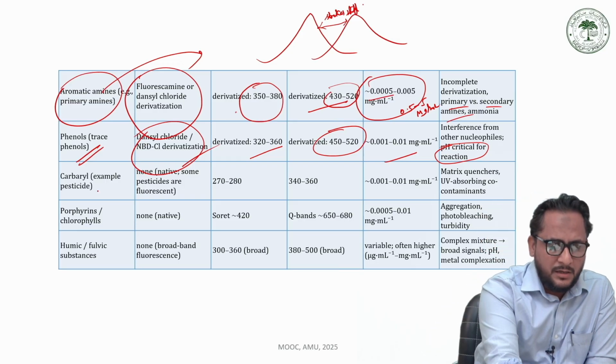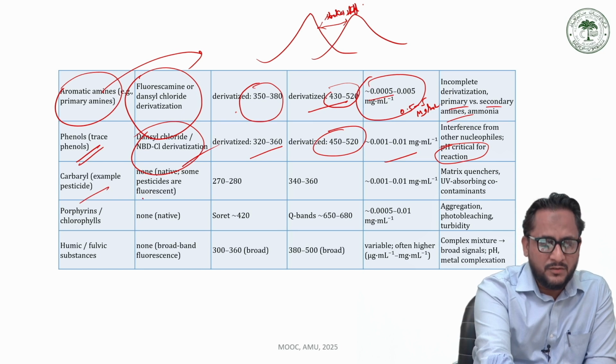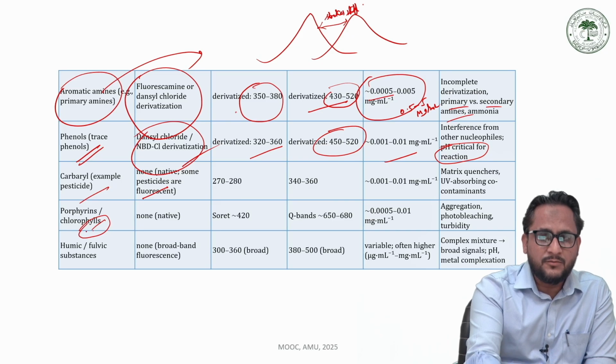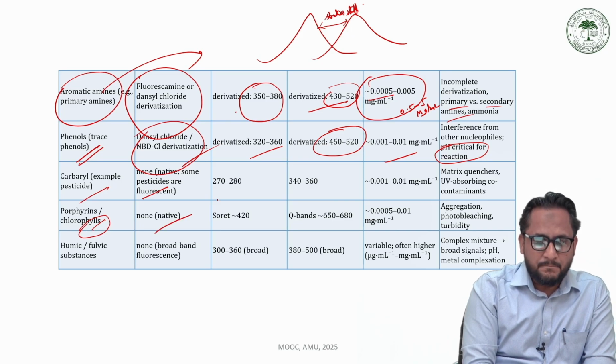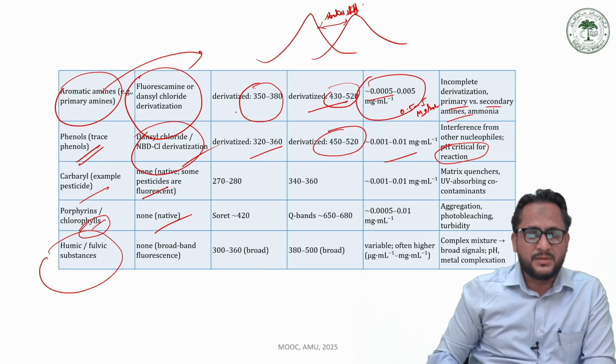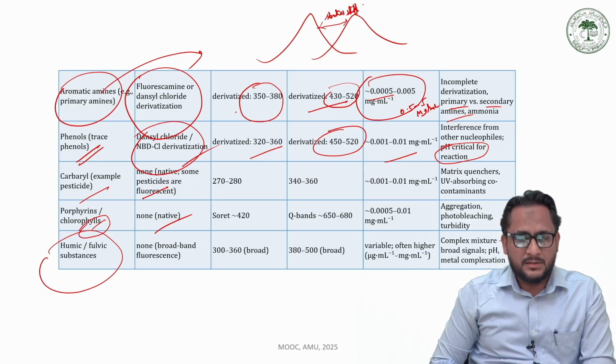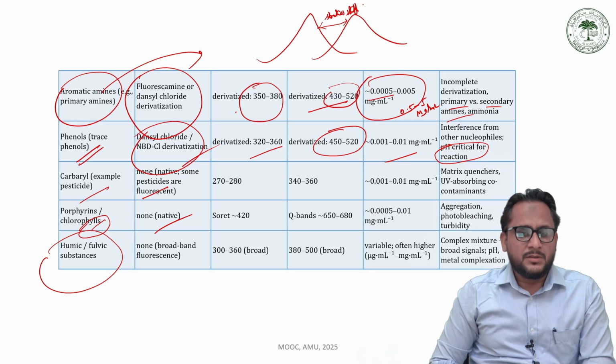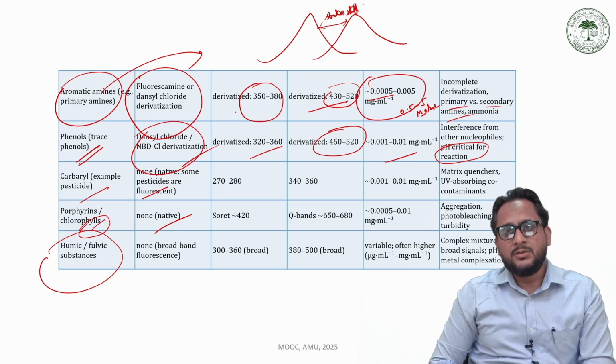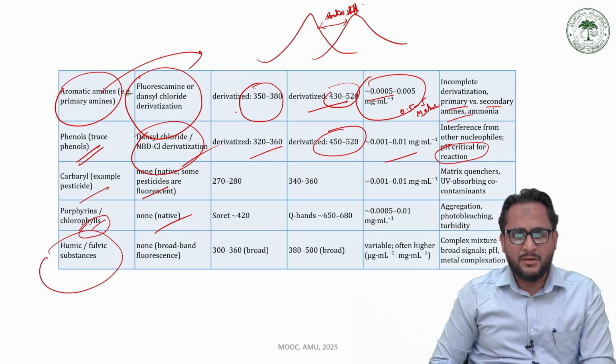Then we have carbaryl, which is already a fluorescent compound, so no derivatization is needed. Porphyrins, even chlorophyll, the green pigment of plants, since it is a fluorescent compound, can be detected. And humic or fulvic substances, or humic acid, that is a mixture of different acids with large molecules. They are fluorescent compounds, and therefore they do not require any derivatizing agent, and these humic acids are weak acids, and they can be analyzed with spectrofluorometers.